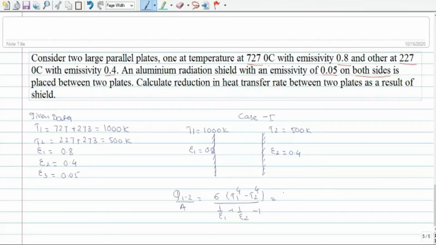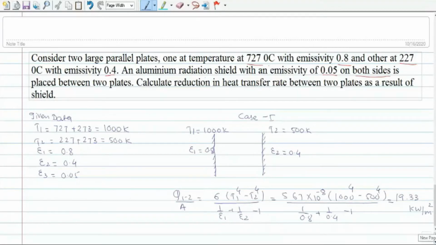So I'm going to put down the values: 5.67 into 10 to the power minus 8 in the bracket 1000 to the power 4 minus 500 to the power 4 divided by 1 upon 0.8 plus 1 upon 0.4 minus 1. If you convert into kilowatt, then it is 19.33 kilowatt per meter square.